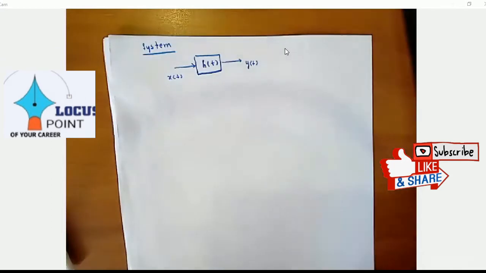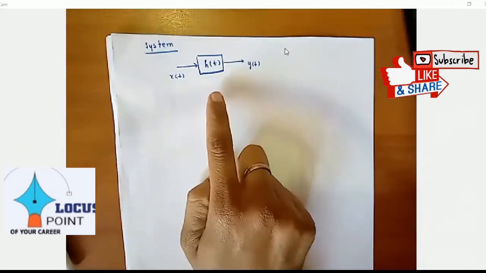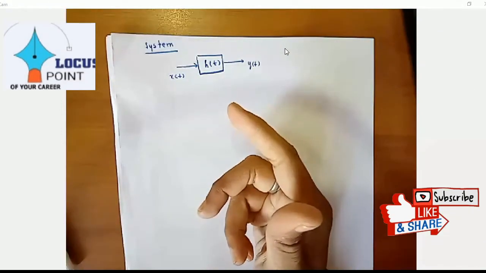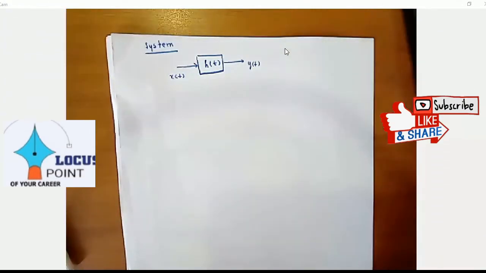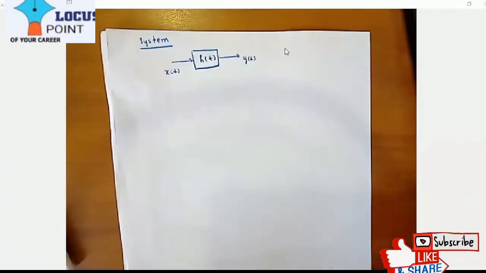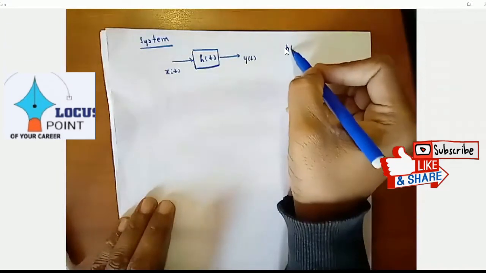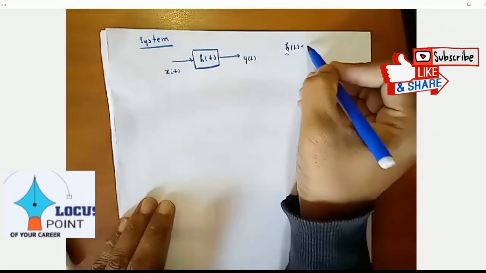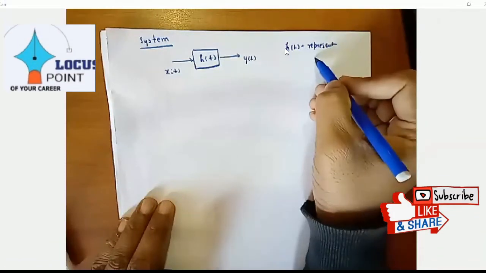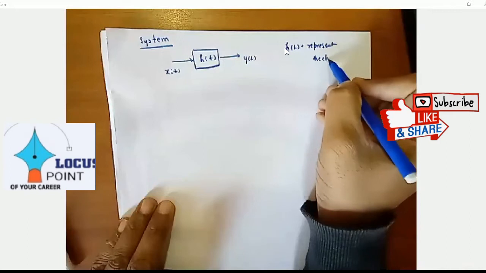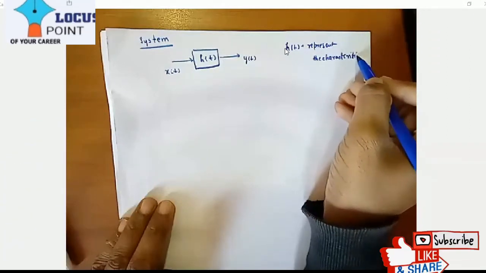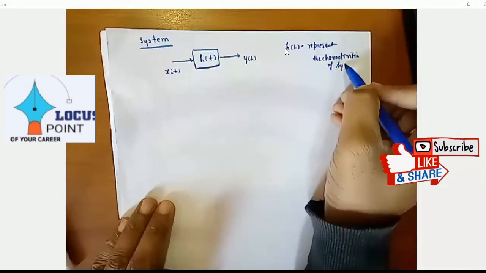For more detail we will discuss later, because if I start discussing the importance of the impulse response now, things will change and we will deviate from the numericals. So till now I can say that the impulse response h of t represents the characteristic of the system.